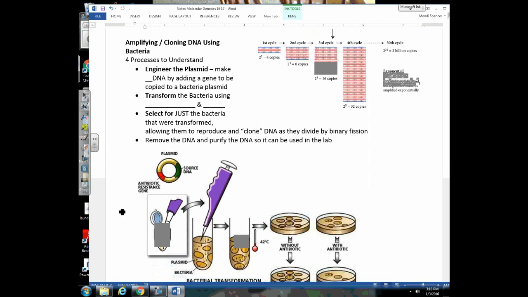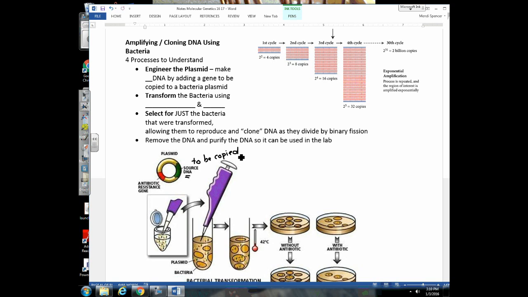Now, there's 4 processes to understand if we're trying to get bacteria cells to copy a segment of DNA for us so that we can do research on it. First, you have to understand how we can take this DNA to be copied or amplified, how we can get it into a plasmid, or how we can engineer the plasmid.